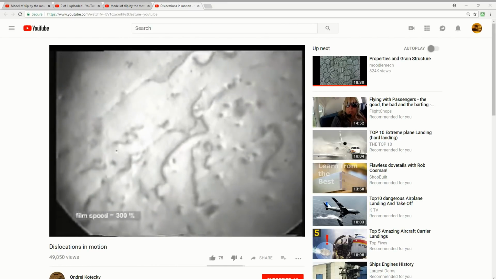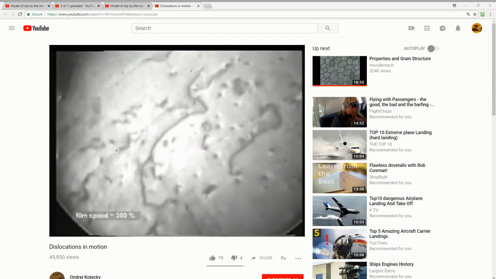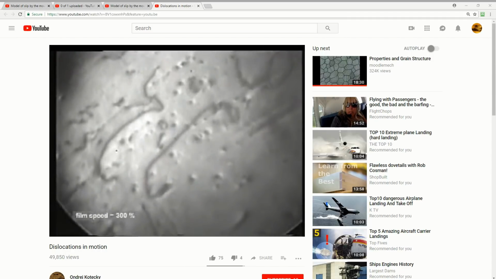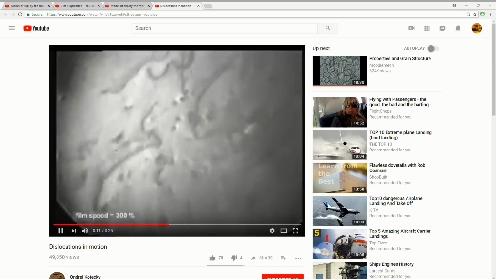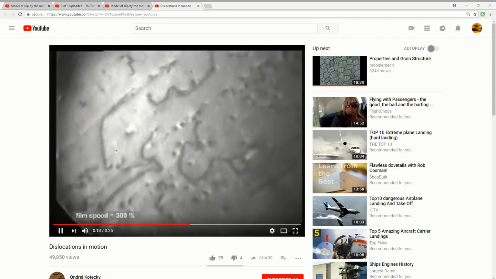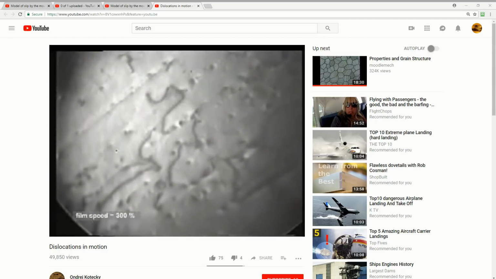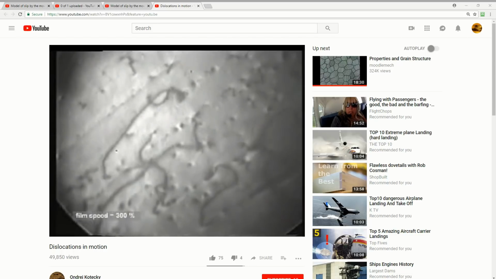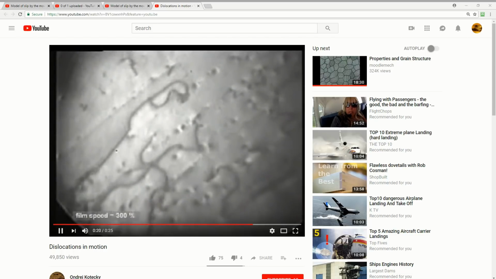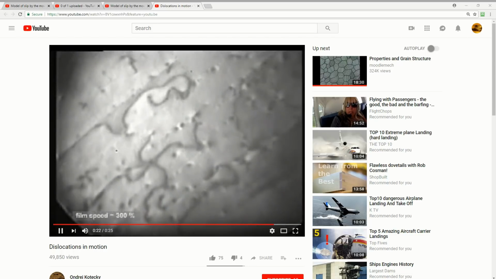So here you can see worms kind of cruising through the crystal and spreading out. Sometimes they get hung up, or pinned at certain levels.